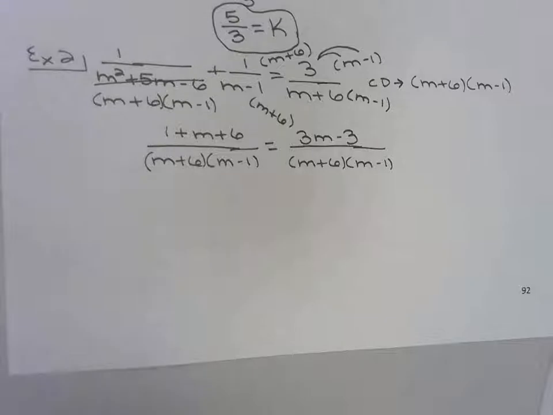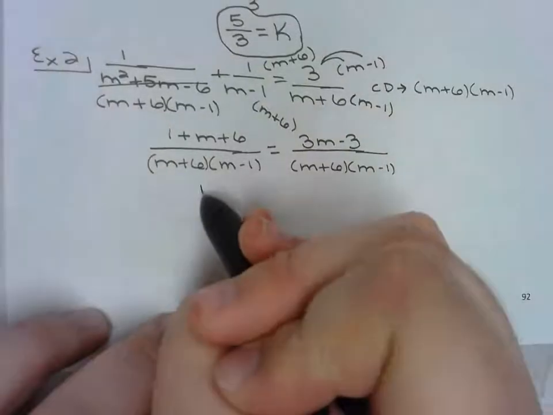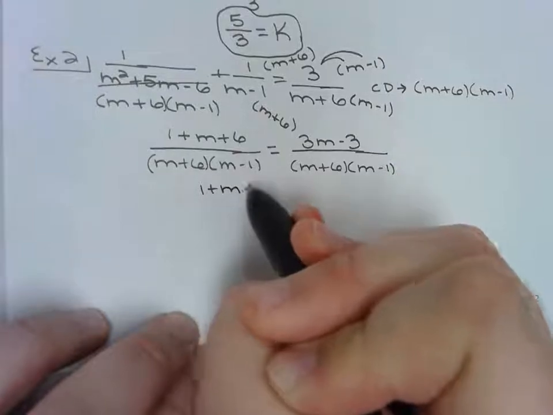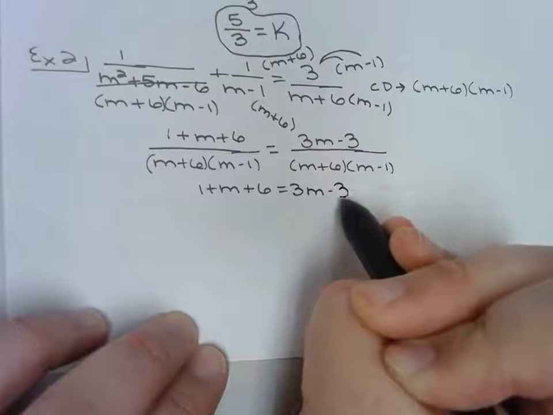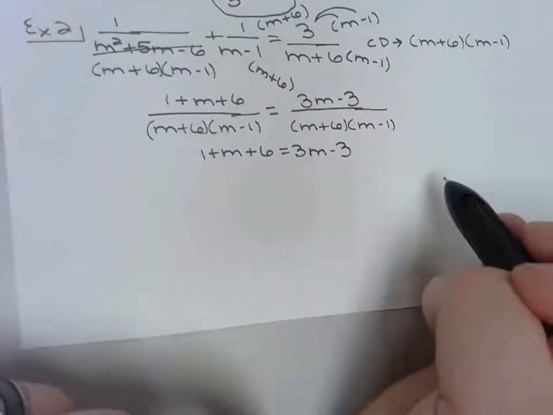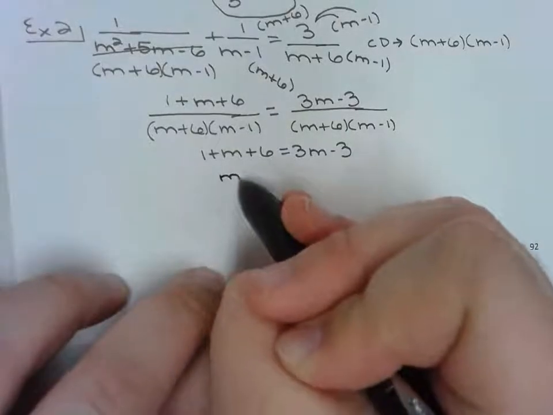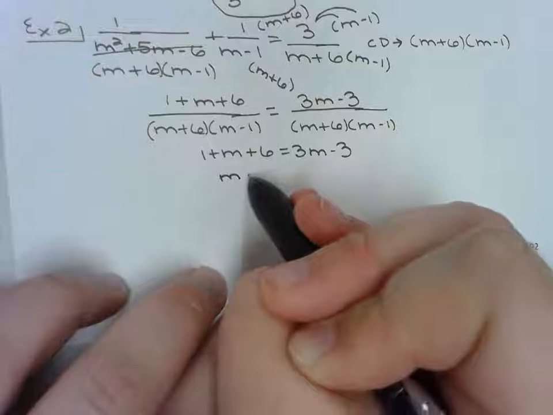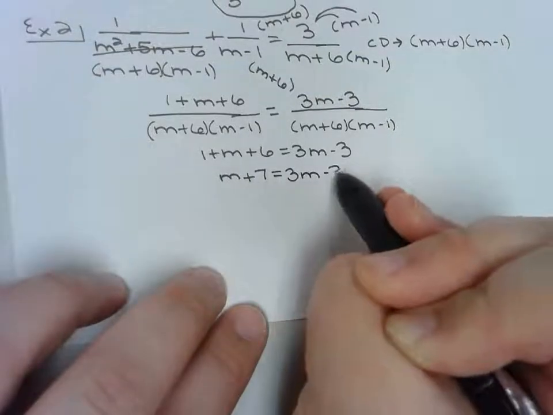Now one step further, because it's an equation, my denominators are the same, so you can cancel out the denominator and you're just left with your numerator part. 1 plus m plus 6 equals 3m minus 3. The left side will simplify to m plus 7. Right side is 3m minus 3.